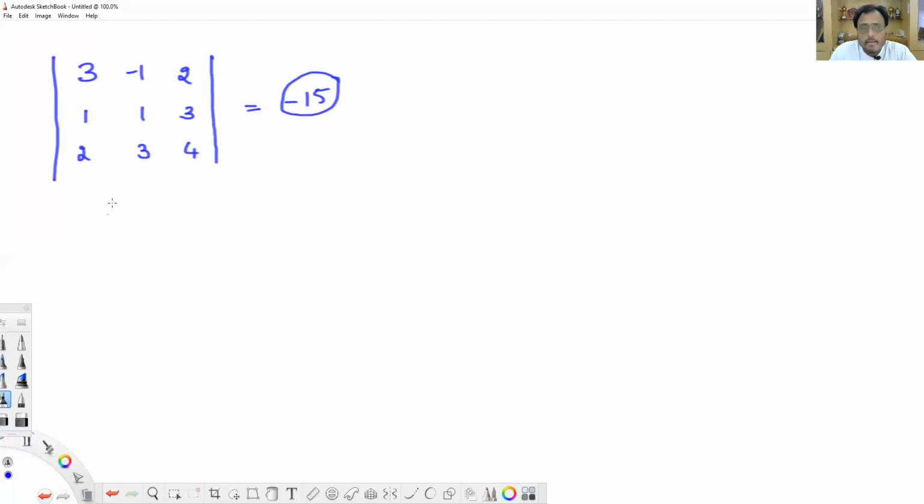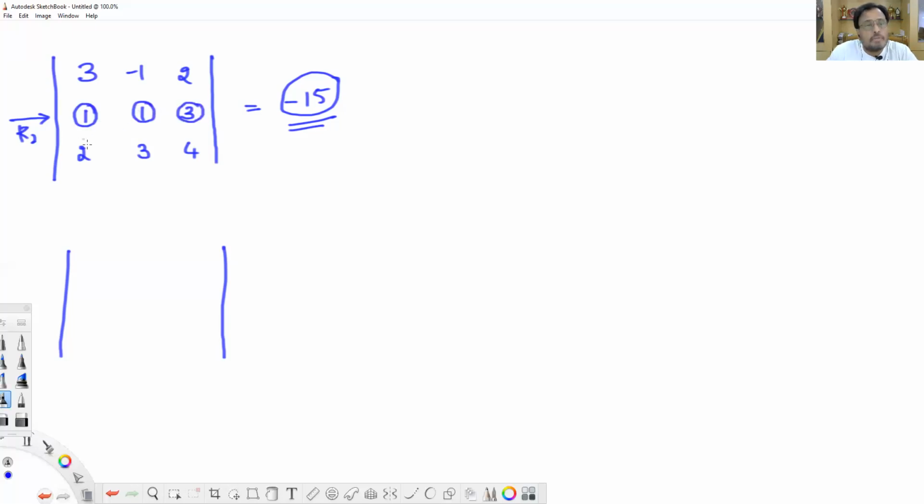Now, here is the same determinant. You take any row or any column. In this example, I have taken the second row. We multiply each and every element in the second row by some constant number.